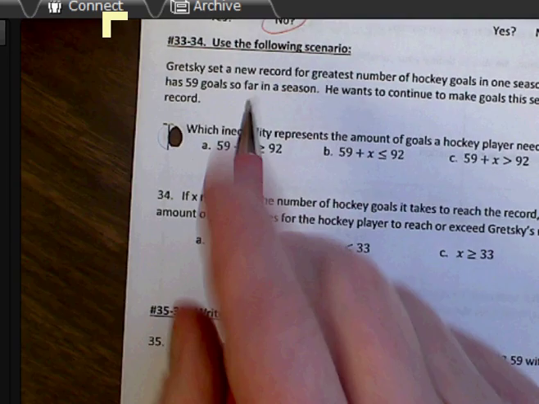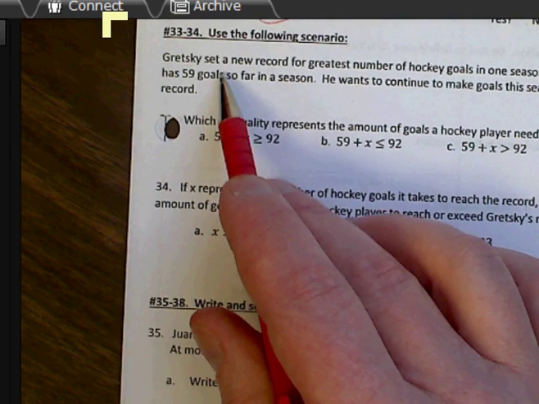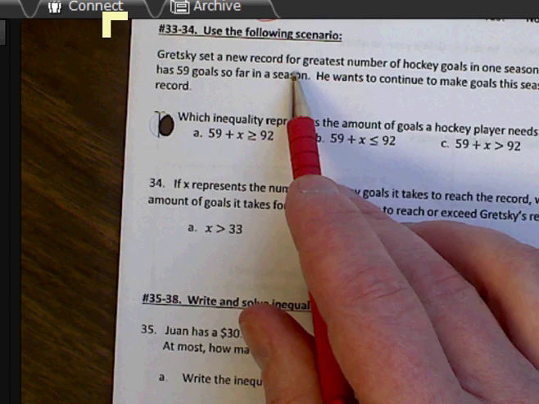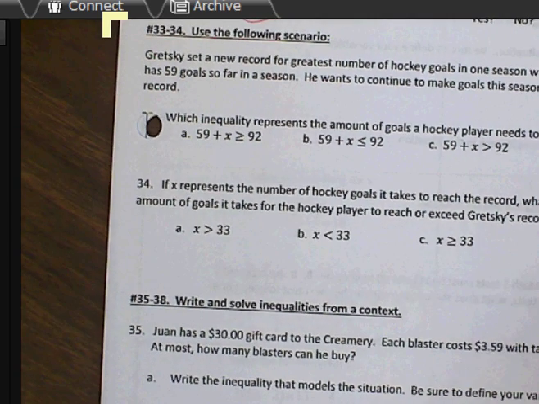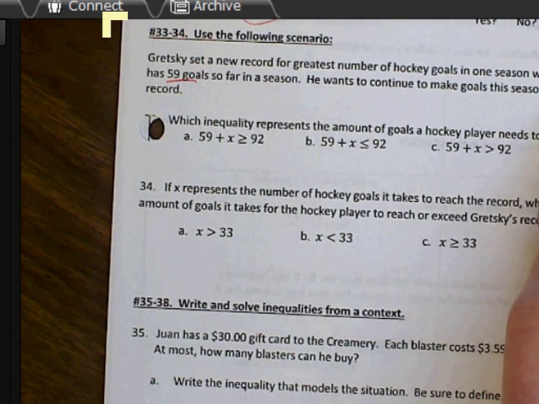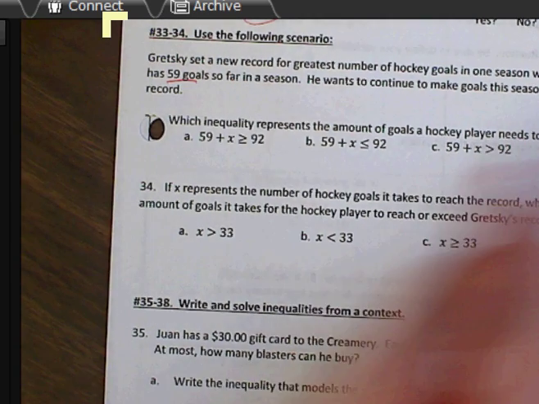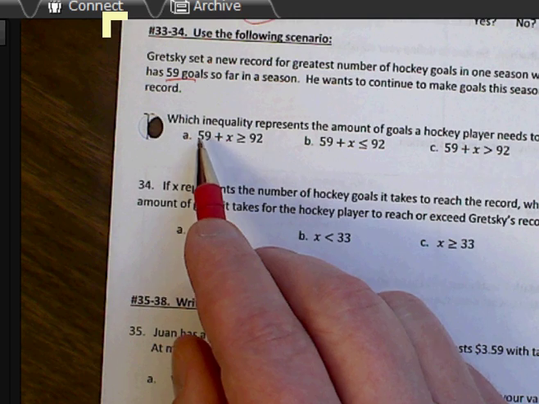All right. So, a couple of word problems now. Let's do 33 here. Gretzky sets a new record for the greatest number of hockey goals in one season with 92 goals. Suppose a hockey player has 59 so far in the season. He wants to continue to make goals this season in order to match or break Gretzky's record.